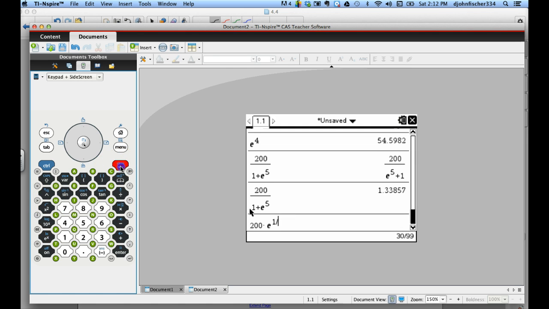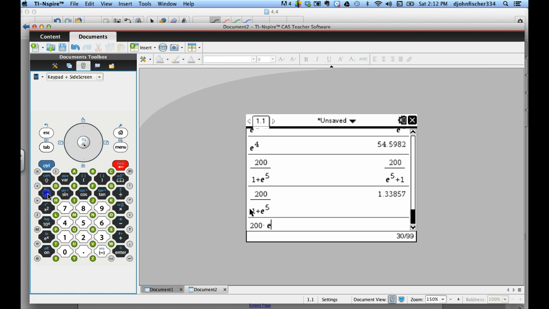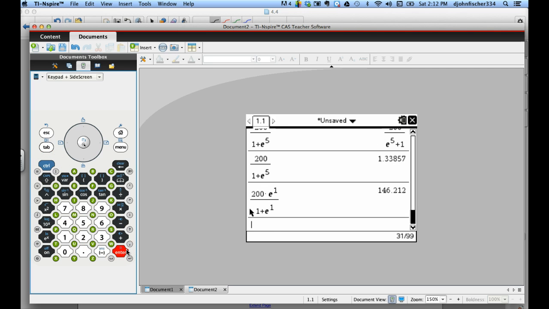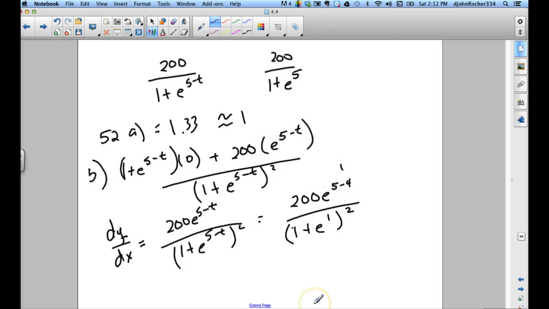Oh, wait a minute. I have to back this up. E to the first divided by parentheses 1 plus e to the first. Control enter. 146. Well, I did something wrong here. Let me go back and look. How fast is it spreading? Oh, forgot a number. Let's go back to the calculator again.